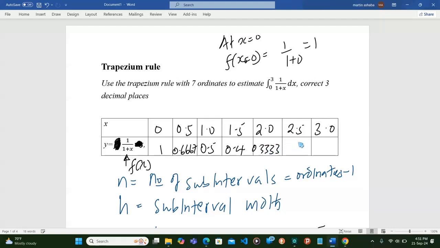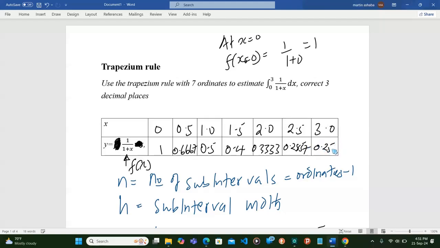So 1 divided by 1 plus 2.5, that is 1 divided by 3.5, and I'm getting 0.2857. What if I have 1 divided by 1 plus 3, that is 1 divided by 4, and that is 0.25.